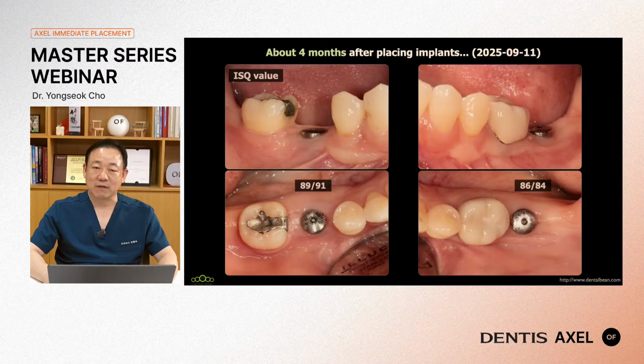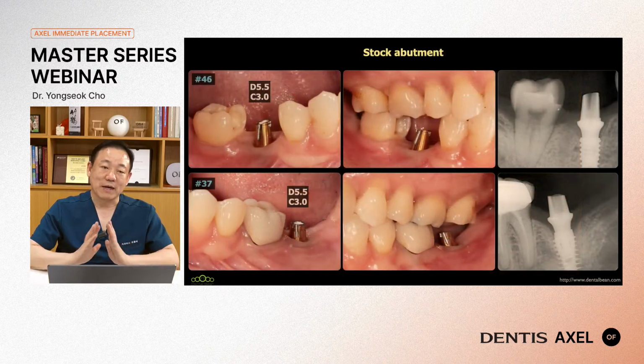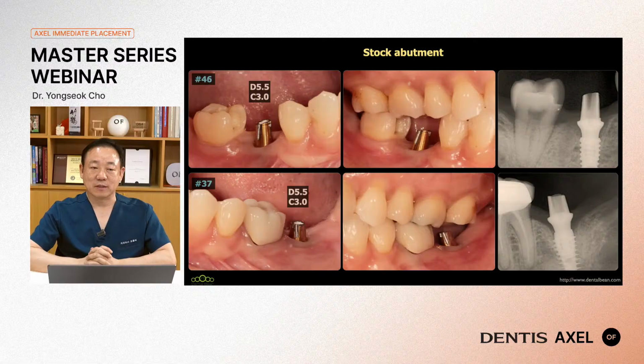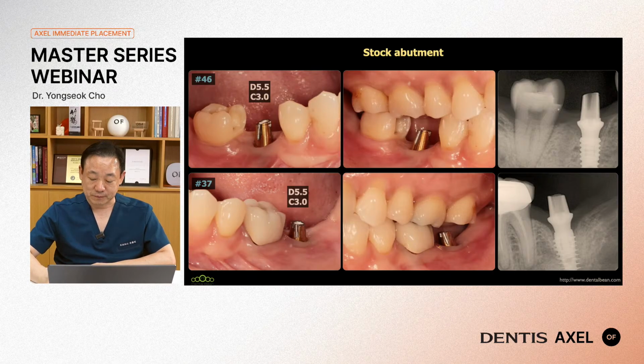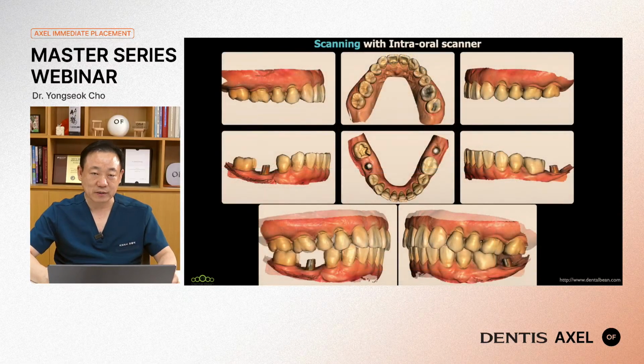Anyway, at the time, 4 months later, ISQ value is 89, 91 on the right side, and left side 85, 84. It's very strong stability. So my prosthodontic partner, Dr. Kim, started loading.